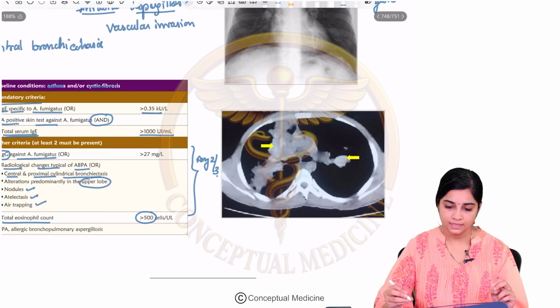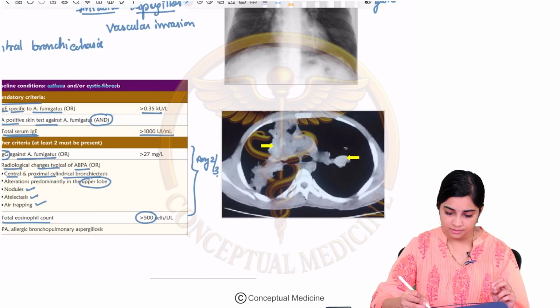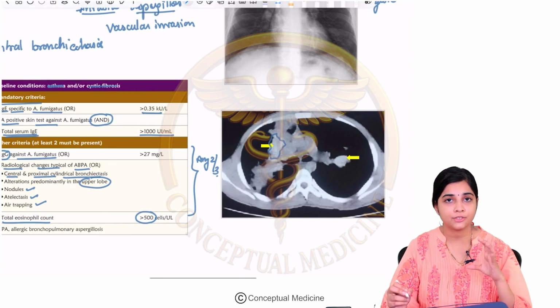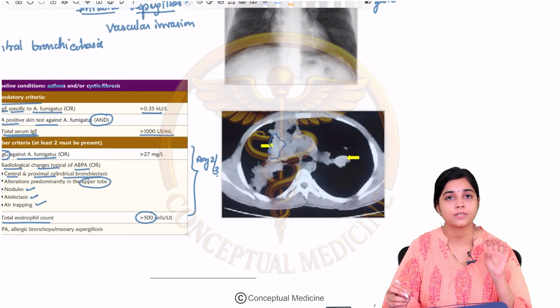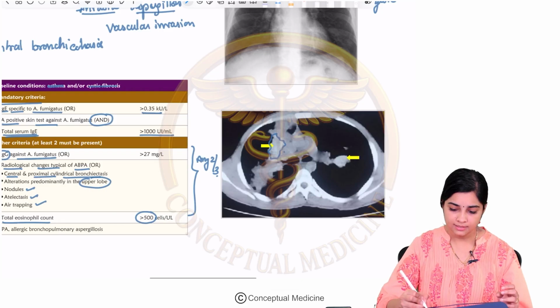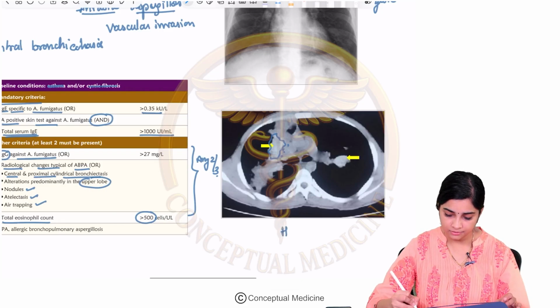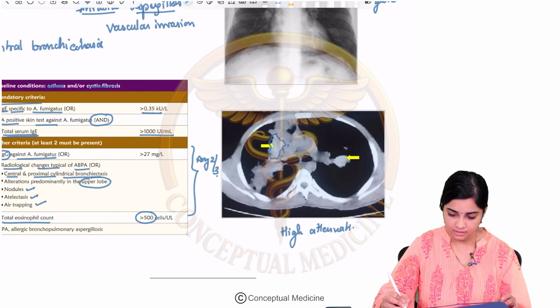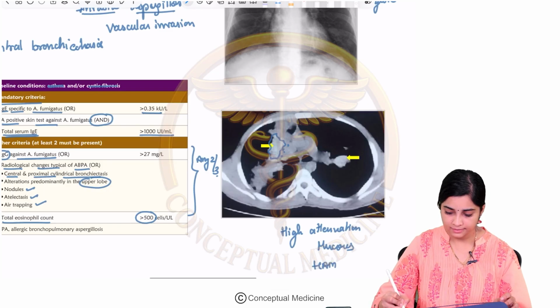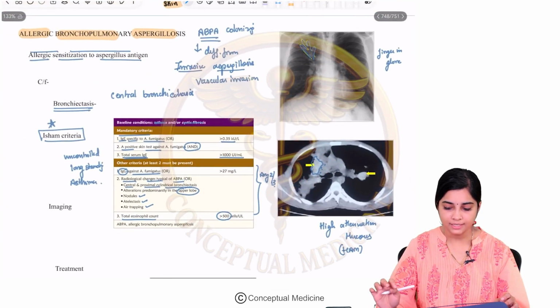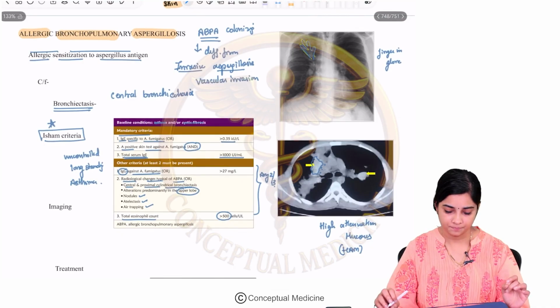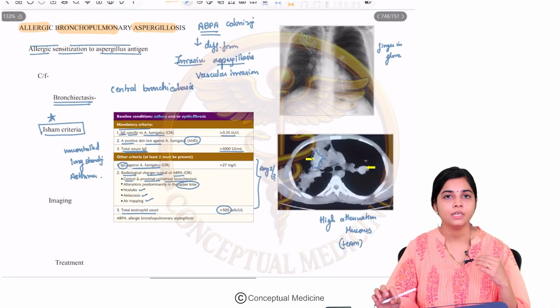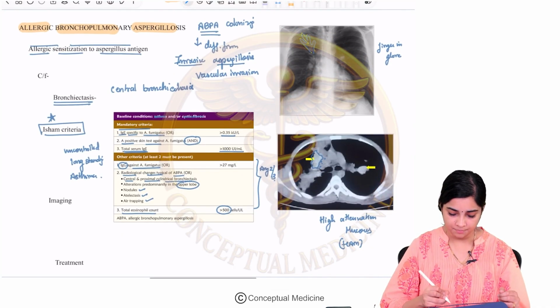Then in your CT, you find mucus impaction within the lung, and the attenuation is much whiter or more solid compared to the surrounding areas, and this is what we call high attenuation mucus, or HAM, which is a characteristic radiological finding of ABPA. Clear? So this is about the different imaging findings of ABPA.